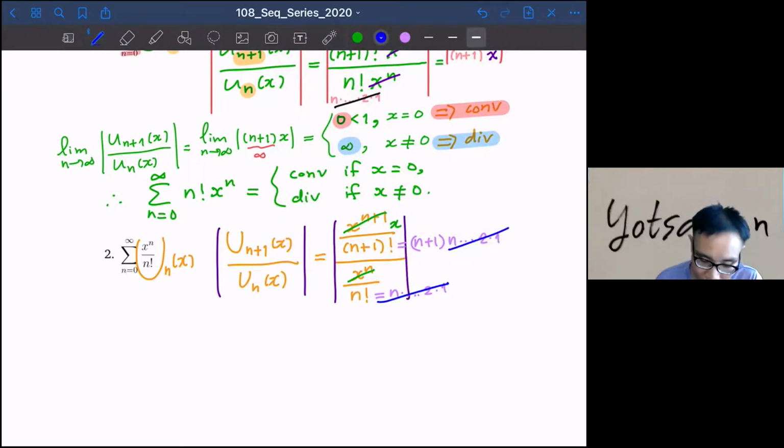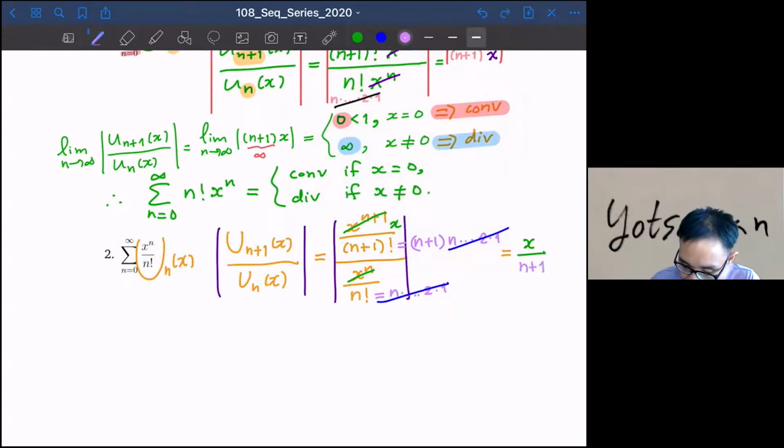So the thing that you have left in this case would be x on top and n plus 1 left on the bottom.